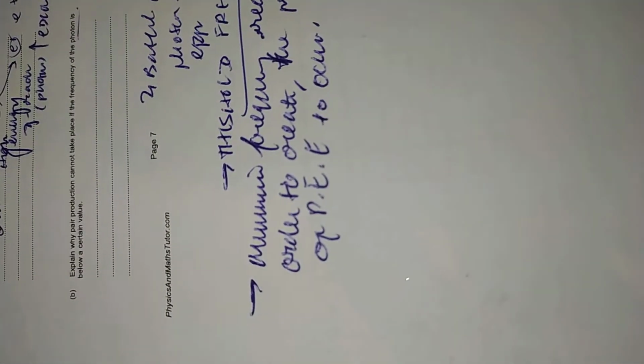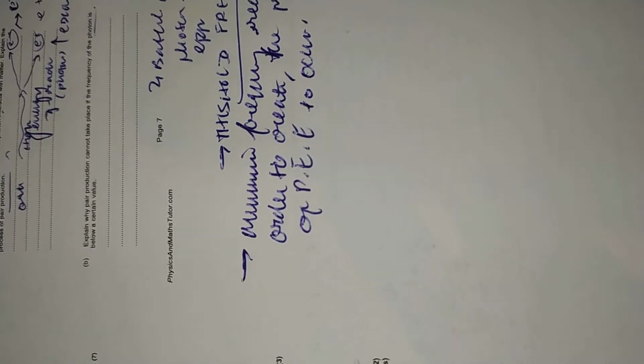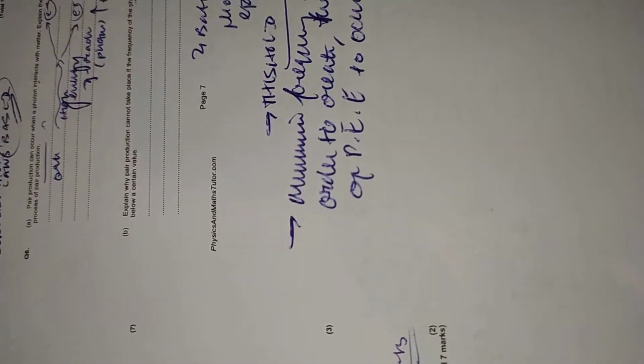Now, if the frequency is below a certain value, there is not enough energy to provide the mass or rest energy of the particles. This is what you have to add in there: you are correct in saying threshold frequency, but you have to develop your answer by saying that if the frequency is below a certain frequency, there is not enough energy to provide the rest energy of the particles. That moves us on to C.